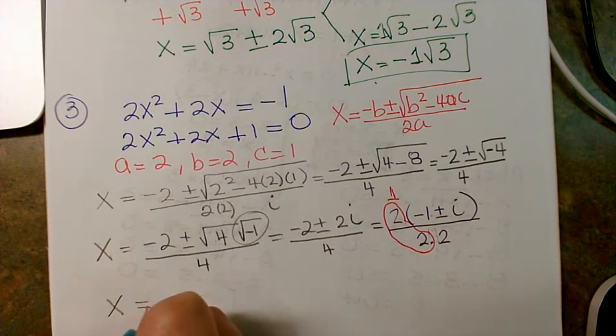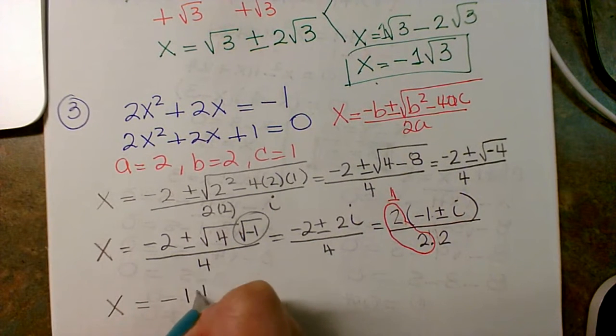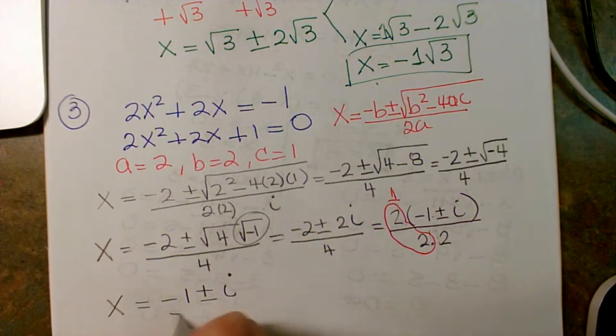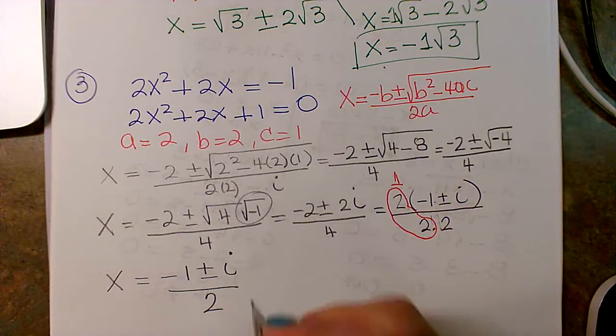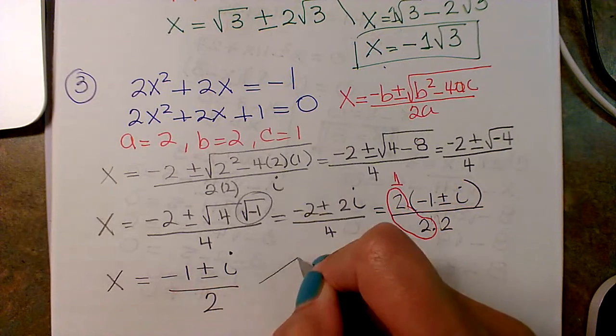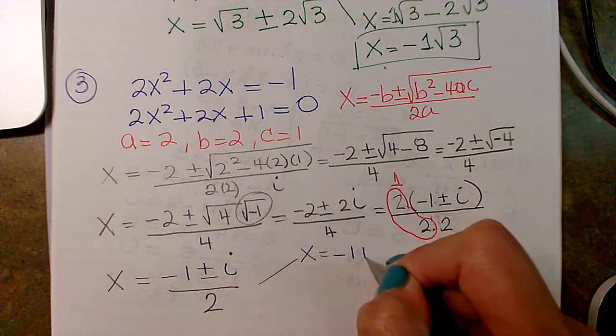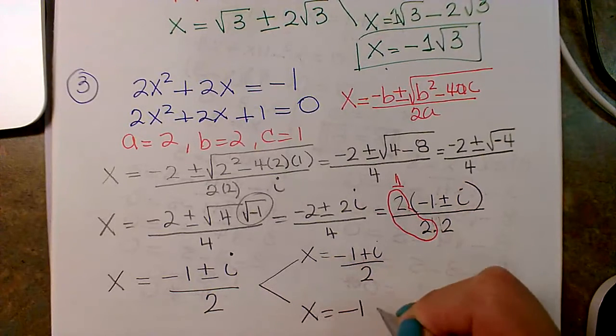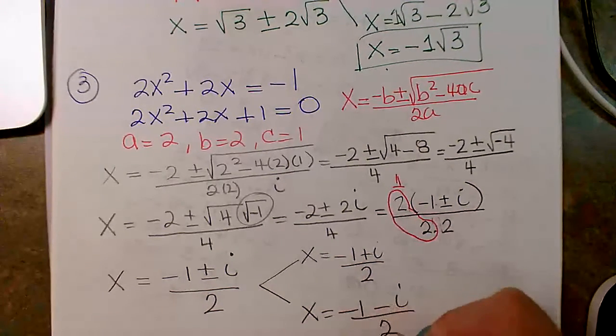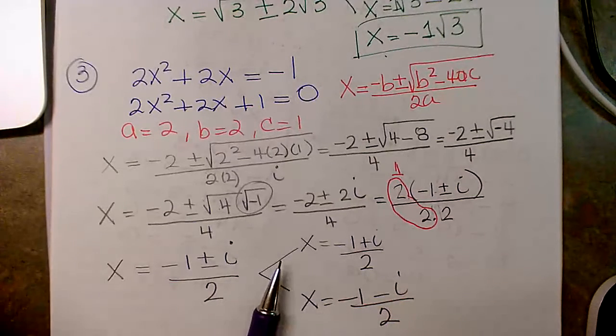So x is going to be equal to negative 1 plus or minus I divided by 2. And again, x is equal to negative 1 plus I divided by 2, negative 1 minus I divided by 2. Remember, you're always going to have 2 answers.